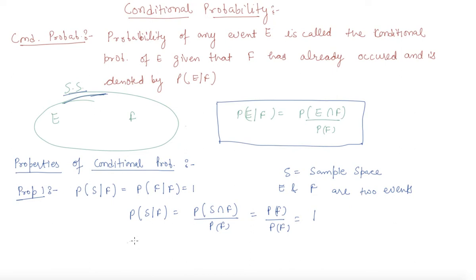And in the case of P(F given F), it is P(F intersection F) upon P(F), so that will be probability of F upon probability of F, which is always 1.